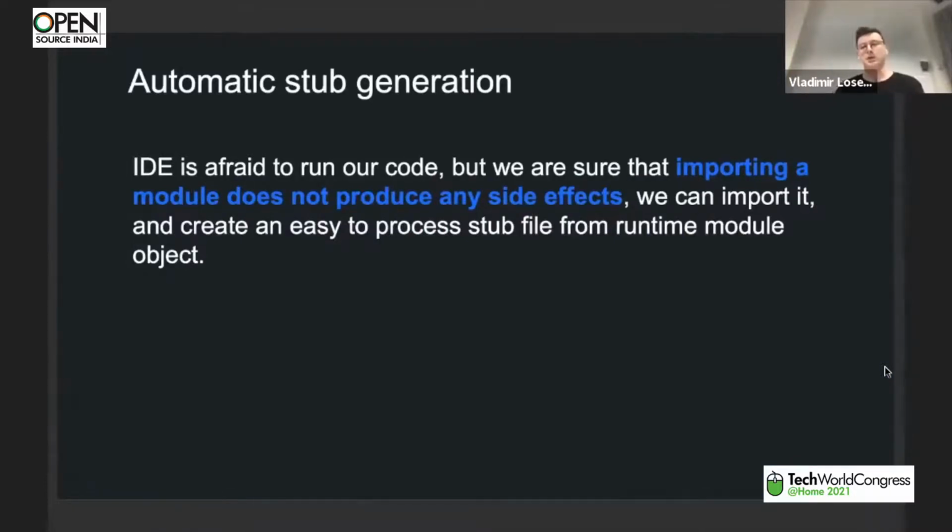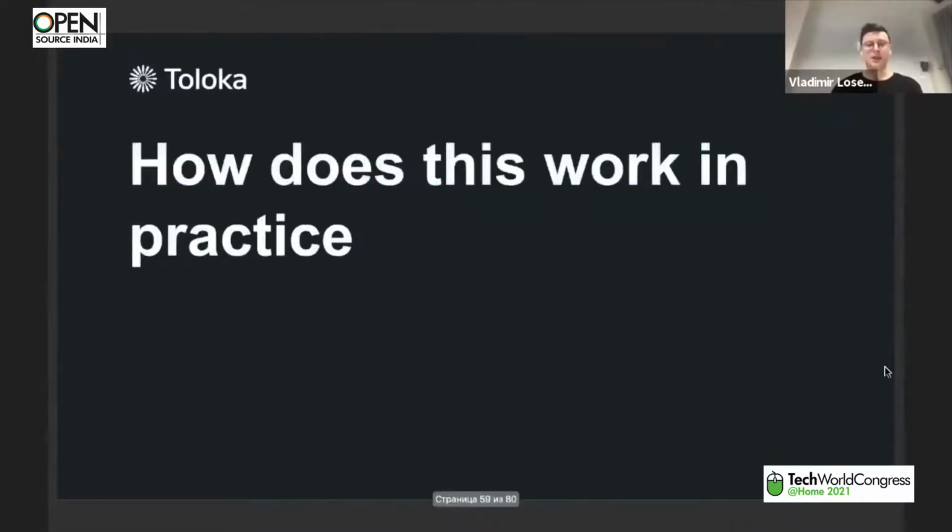But if we write our code correctly and we assure that our code does not contain side effects, and we can safely import our code without those side effects, we can help the IDE by importing our modules ourselves, and from the imported modules, introspect the module and create stub files without decorators, without the KV logic, that the IDE would be able to pick. That was a lot of words.